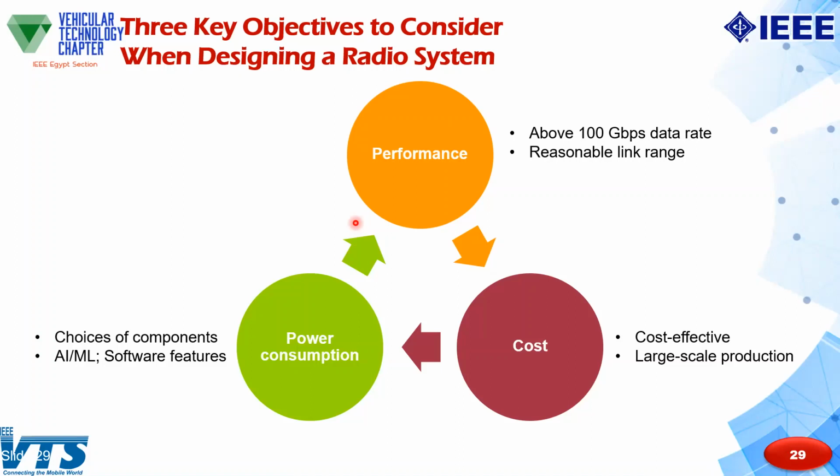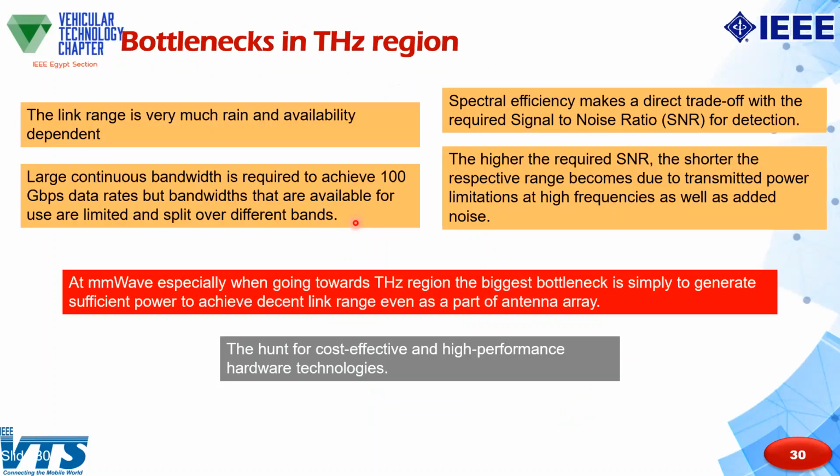From the perspective of power consumption, we have to use special components in order to reduce the energy inside the system, as well as increasing the deployment of AI or machine learning in order to decrease power consumption by adding some software features.